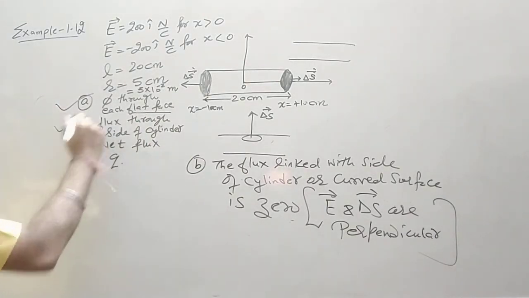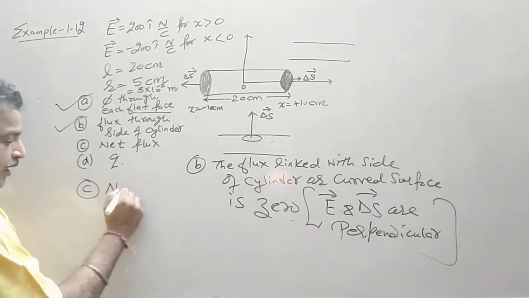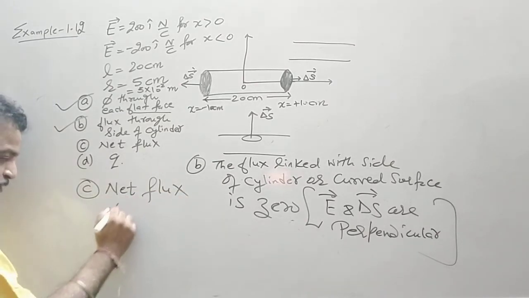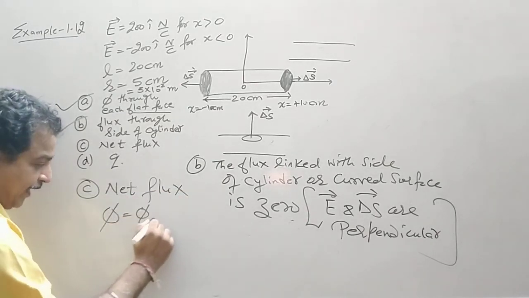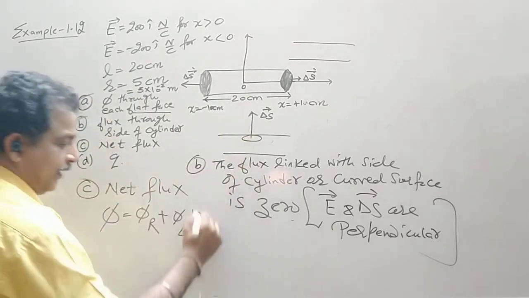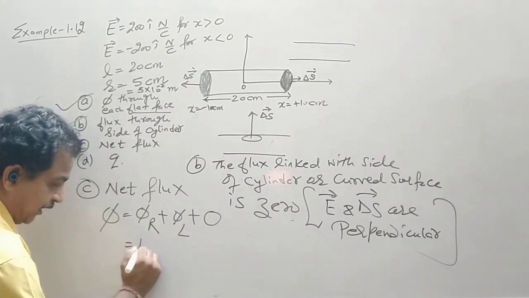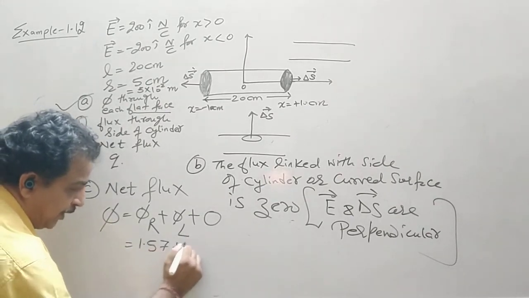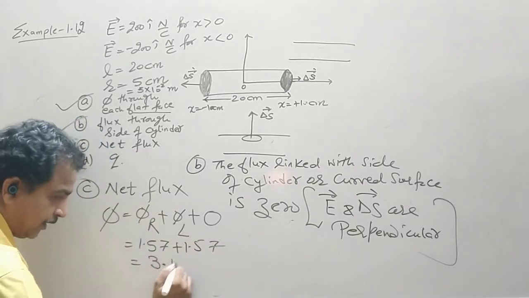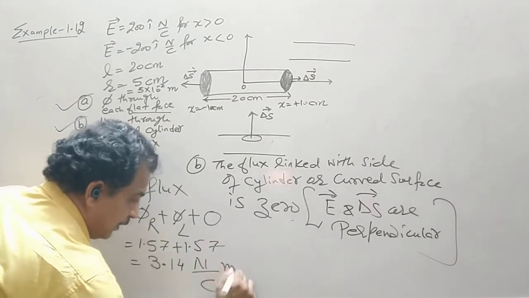Third portion, find out the net flux. So net flux phi is equal to phi right plus phi left plus this side, it comes out to be 0. This value was same, that is 1.57 plus 1.57, again it comes out to be 3.14 Newton per Coulomb meter square.